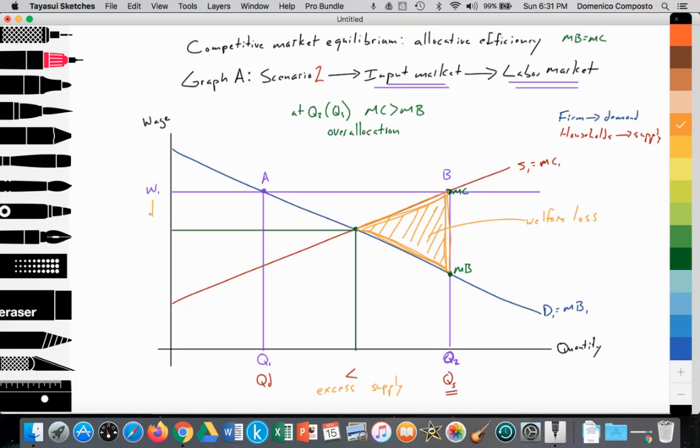We know in economics that excess supply would put downward pressure on the wage, and the wage would fall from W1 to W2. As the wage falls, households will provide less.